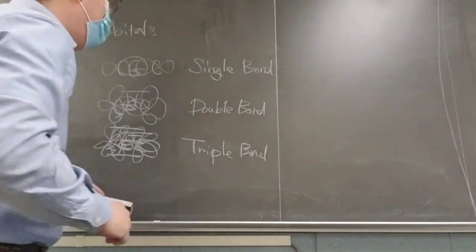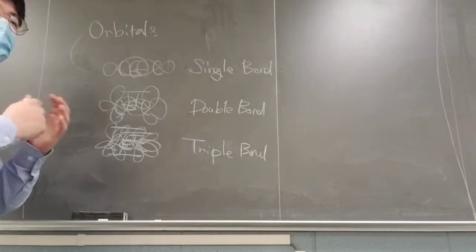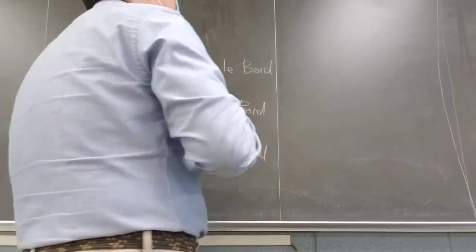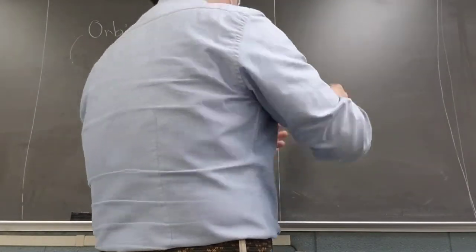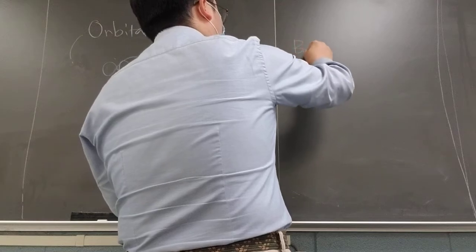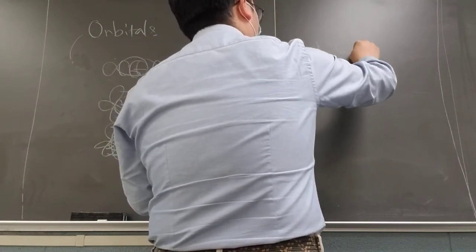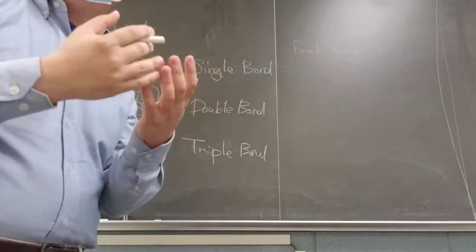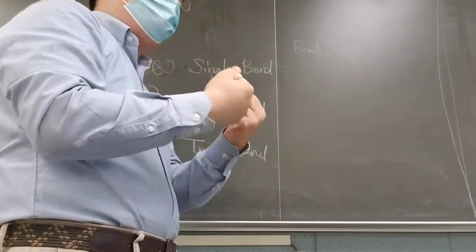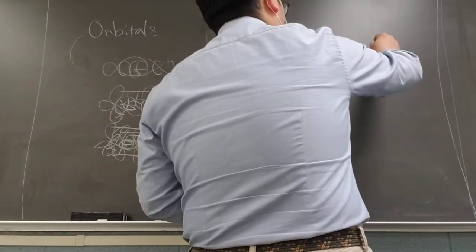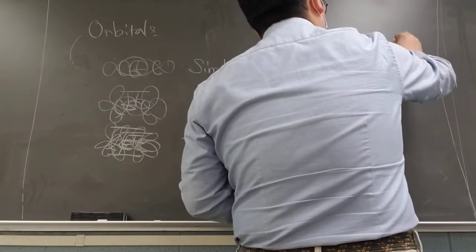So if that is the case, what makes it so special is that the nature of those bonds is quite different. Think about the bond strength, or you can say bond energy or bond enthalpy, which is how strongly those bonds are made, and also think about the bond length.